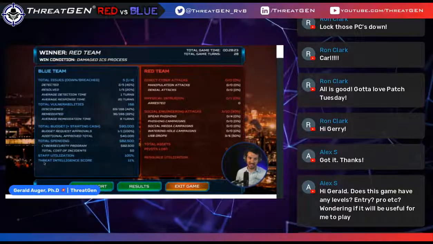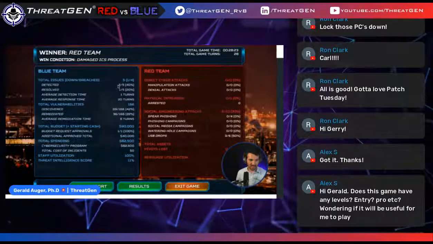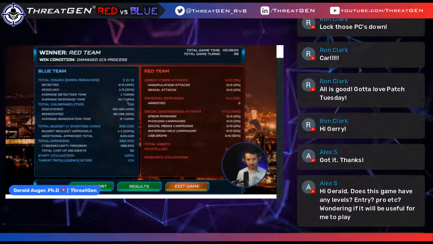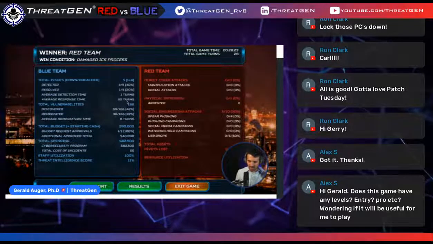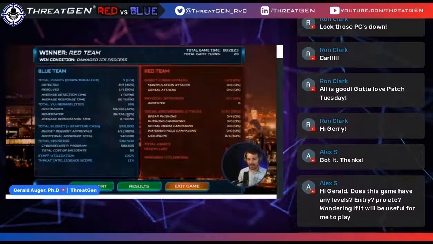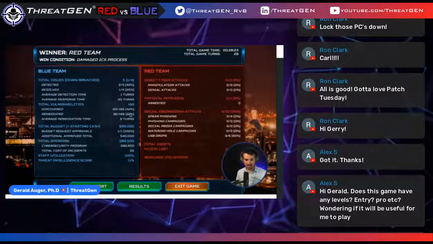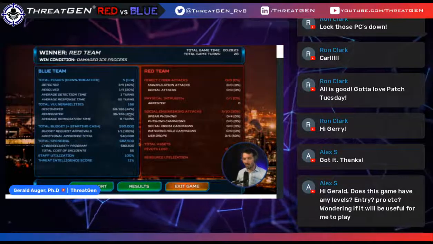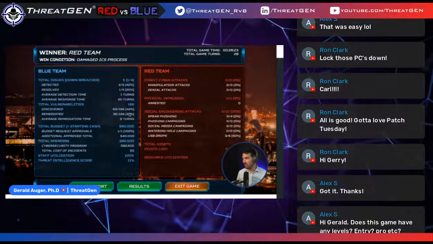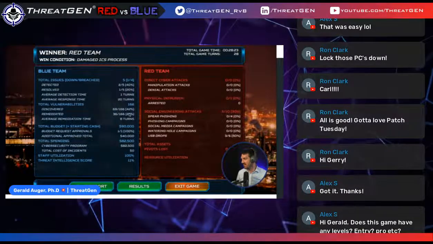Five assets down. I detected only two of them. Average detection time, one turn. Response time, 20 turns. So what we're saying is I had an asset that was pwned, and I had no idea about it for 20 turns. Meanwhile, while I'm patching systems and changing creds, they were in there already.